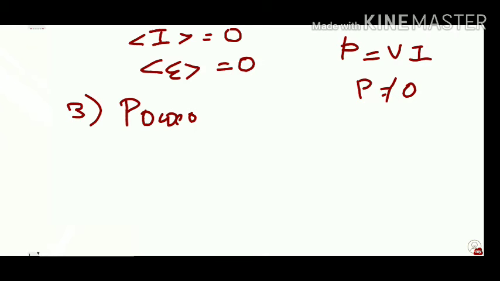Now why am I saying so? When we study power associated with a resistor, power dissipation in a resistor is in the form of heat. And heat, we usually write the expression as I squared RT. That means heat is proportional to the square of the current.